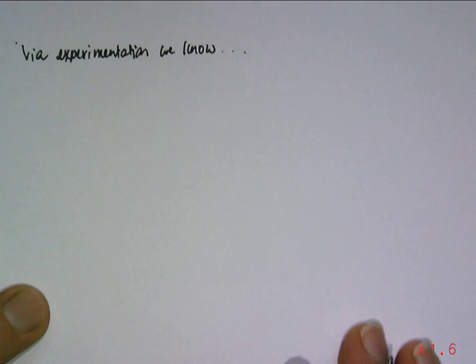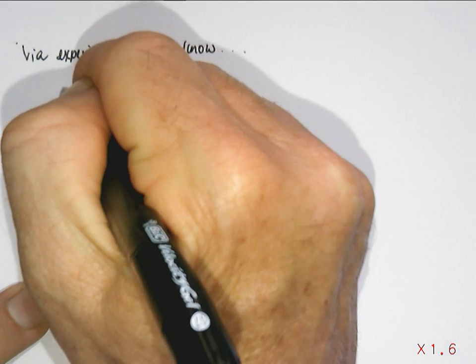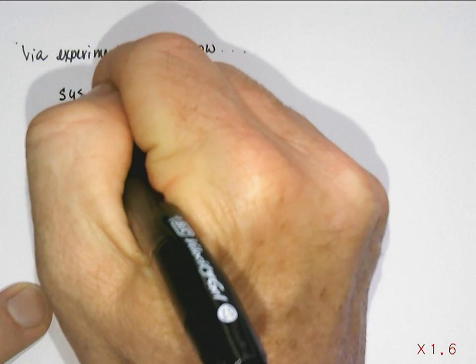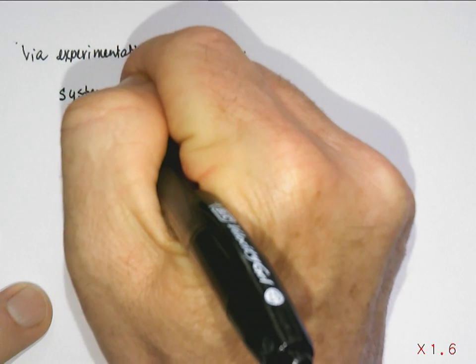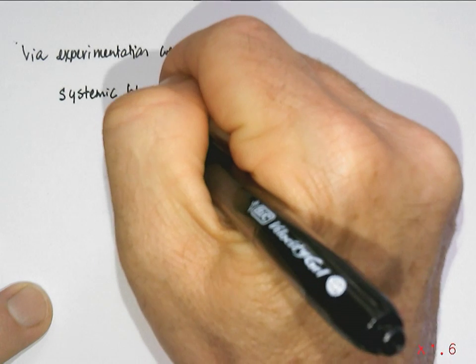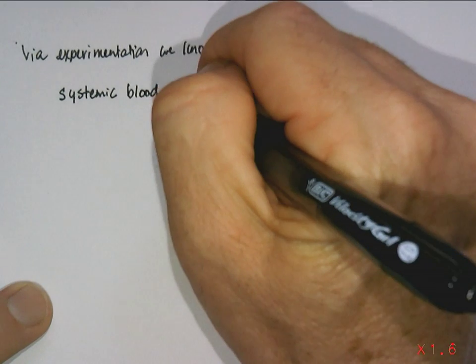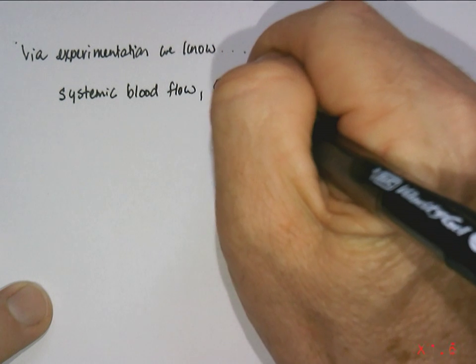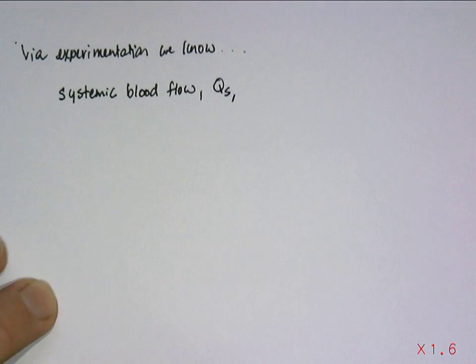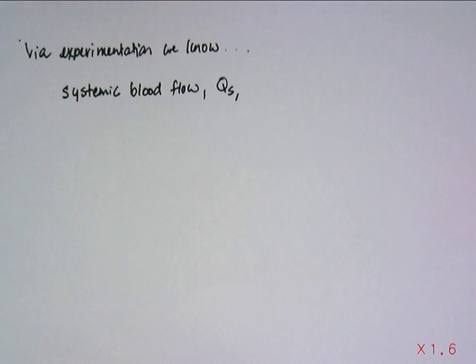We know that the systemic blood flow, and let's call that Q_S, again thinking about Q representing our cardiac output.